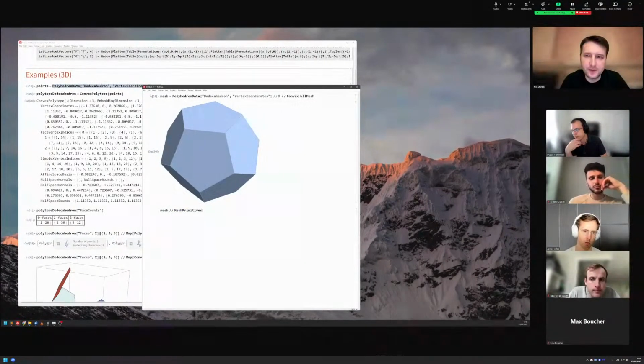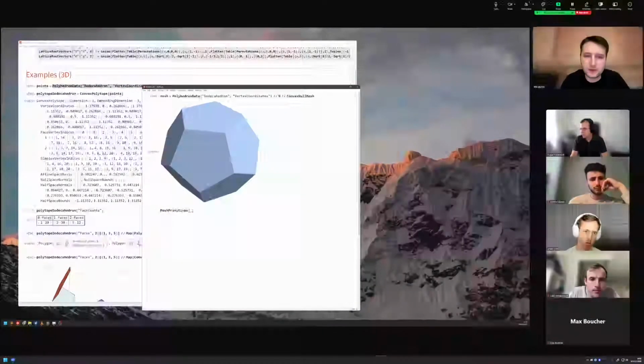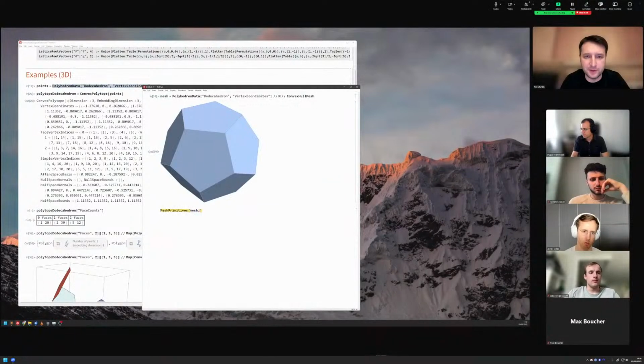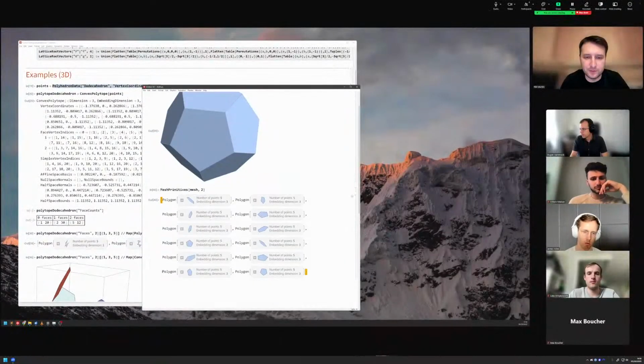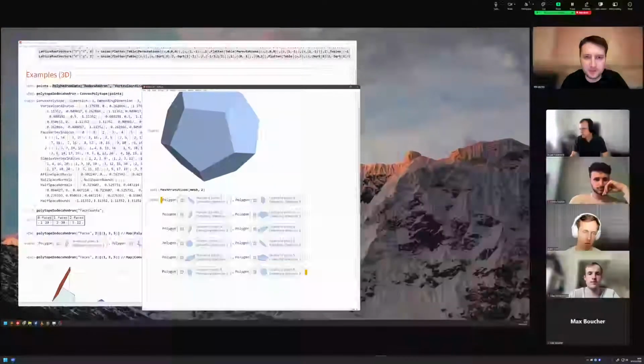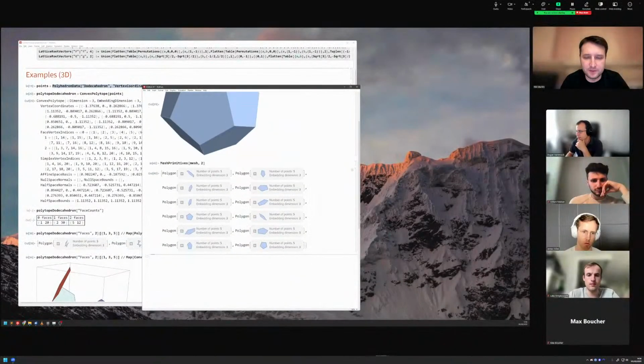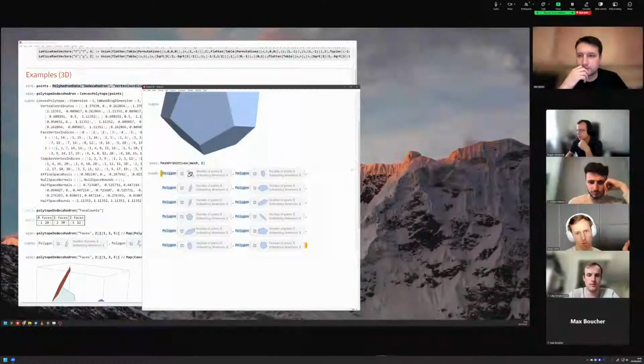You take MeshPrimitives of... Yeah. Well, try just MeshPrimitives without anything, so just output all of them, maybe. Yeah, like this. Yeah, that'd be a good thing to do. So for dimension 2, I could output polygon wrappers around the vertex sets.